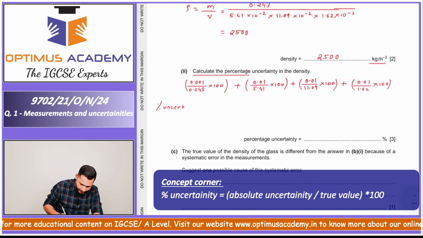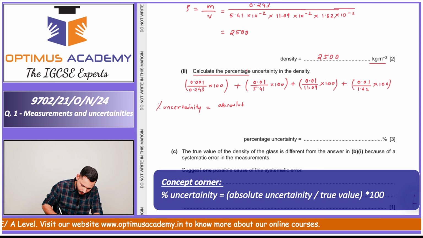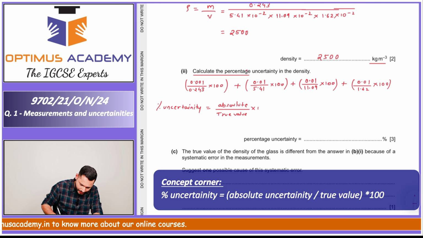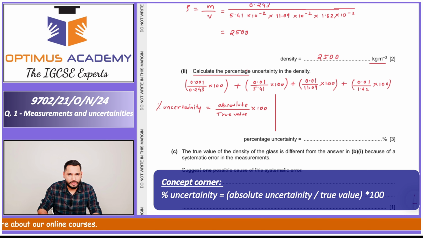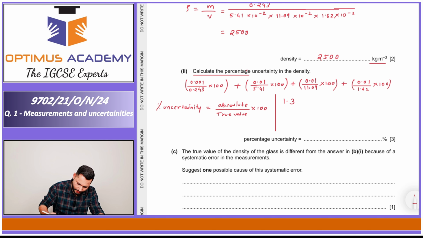Percent uncertainty is equal to absolute uncertainty upon true value multiplied by 100. Now, if you calculate all the values given above, we will get 1.3. So the percent uncertainty is 1.3% in the value of density.